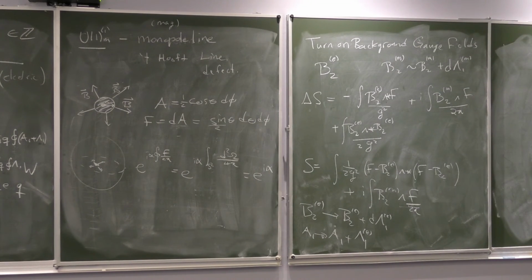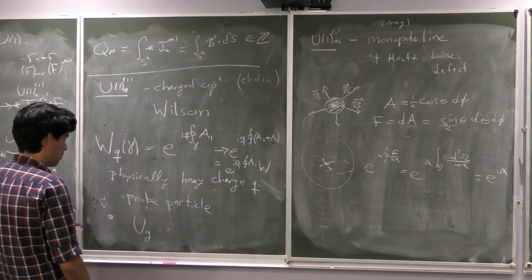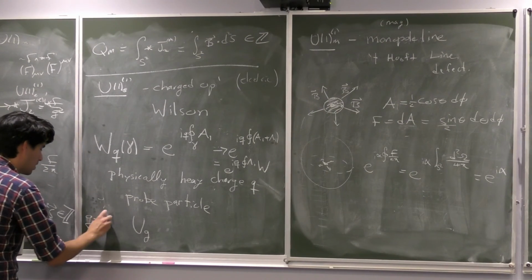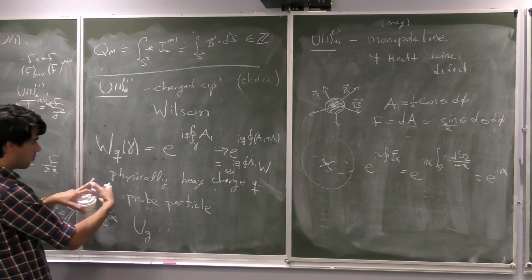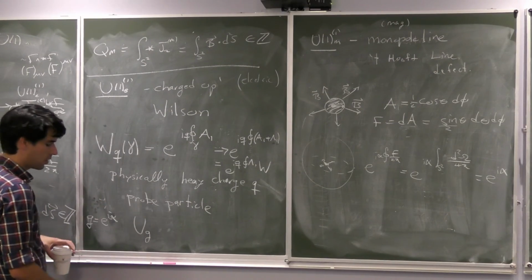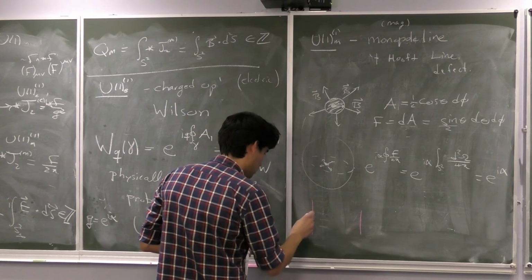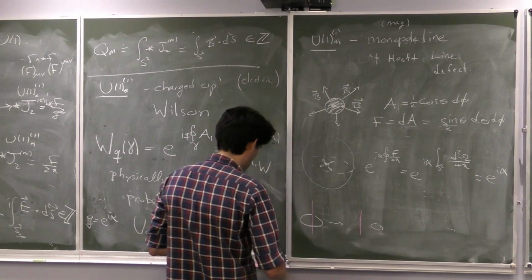And you want to shift it, so I just said this is some transformation property, but you would say that corresponding to U of g, where g is e to the i alpha, when you pull the U of g through the Wilson line, so here's a picture, it goes to this.